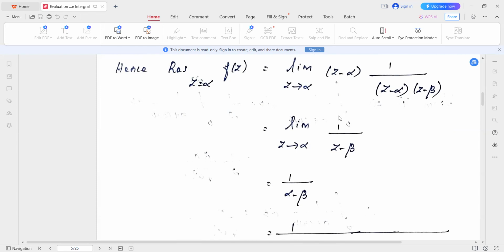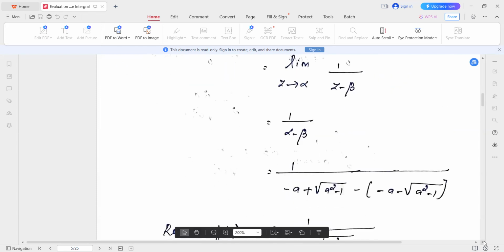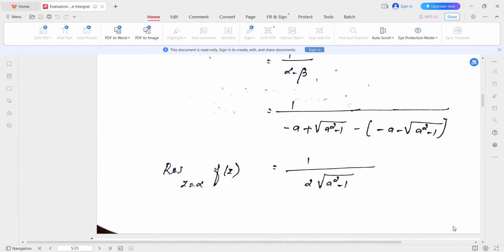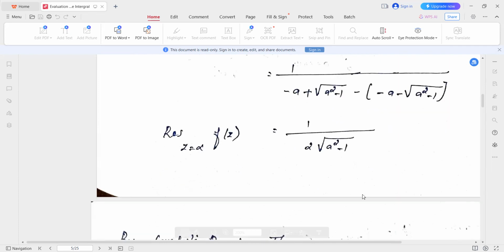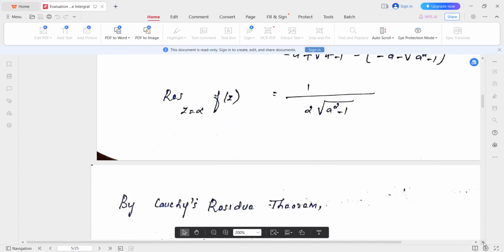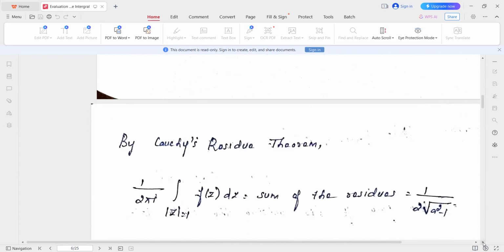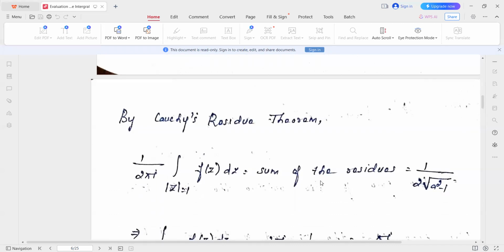When z tends to alpha, this becomes 1 by alpha minus beta. We know the values of alpha and beta. By subtracting, we get 1 by 2 times square root of a square minus 1. Okay. So the residue of f of z at the pole alpha is 1 by 2 into square root of a square minus 1.